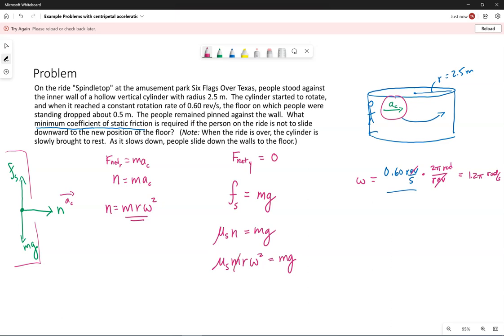So bringing these together, the mass of the person ends up canceling out. We're trying to find mu, the smallest possible coefficient of static friction, and that is what we're going to calculate here.